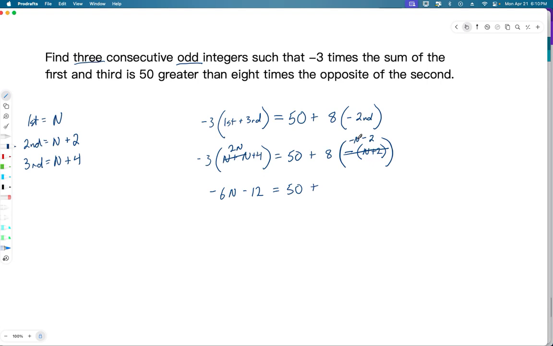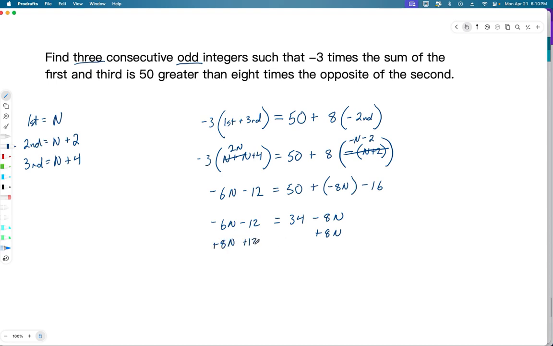So 8 times negative n, that's going to be a negative 8n. And 8 times negative 2, that's a negative 16. So I'm going to combine 50 and negative 16. So I have negative 6n minus 12 equals 34 minus 8n.